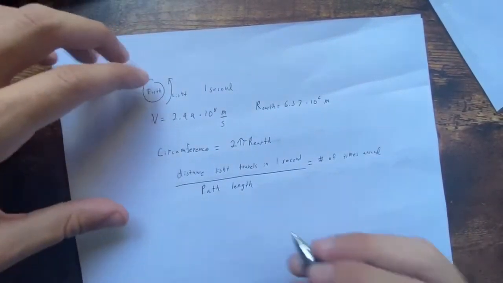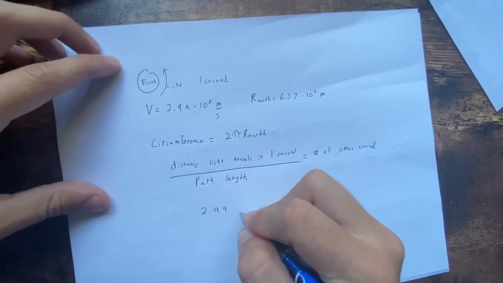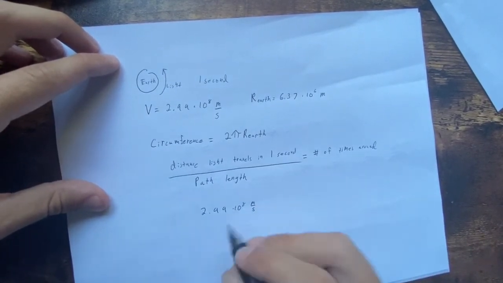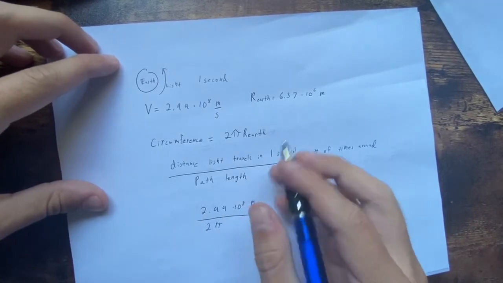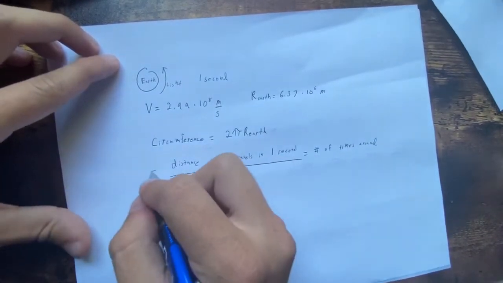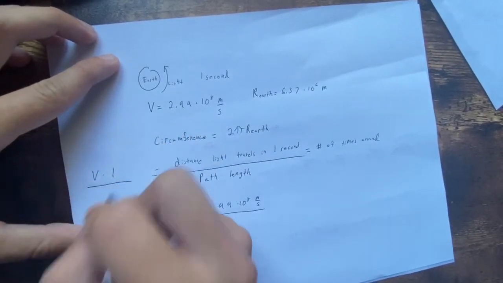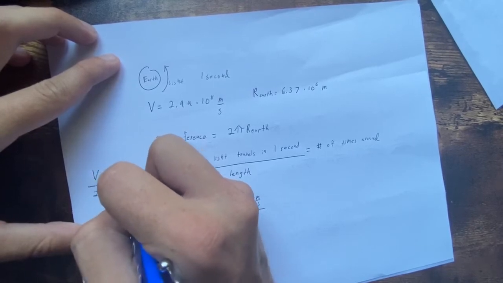Okay. So the distance it travels in 1 second is just going to be 2.99 times 10 to the 8th meters per second, divided by 2 pi, and then I'm going to plug in my radius of Earth. So this would be velocity times 1, all divided by 2 pi r Earth.